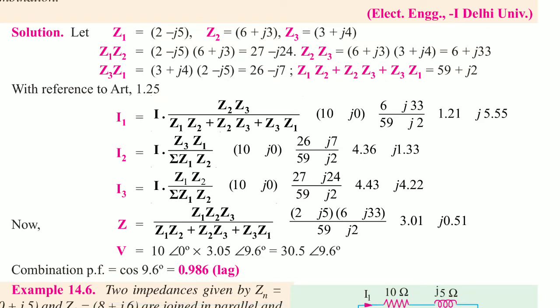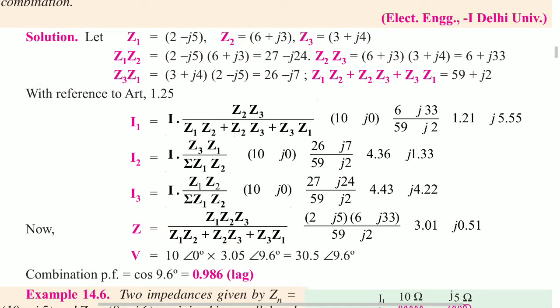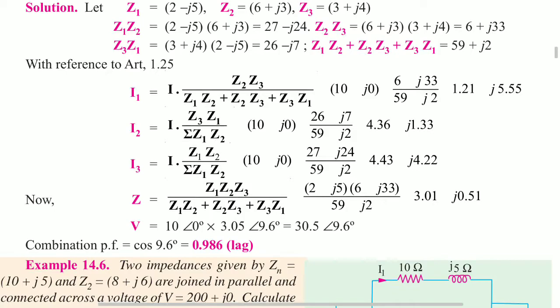That gives Z equal to 3.01 plus J0.51, that is the Z value.